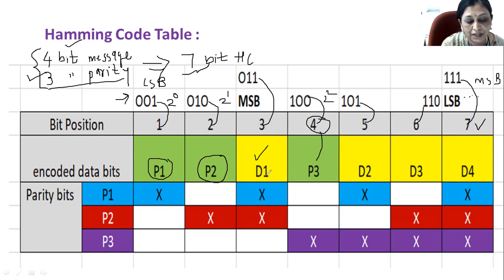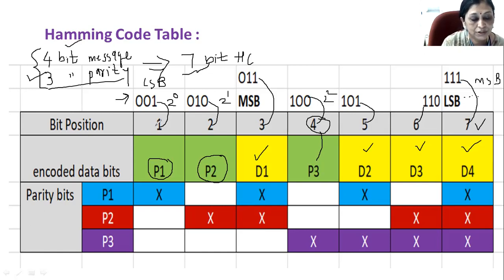So here I will be writing D1, D2, D3 and D4. Now we have to keep the P1, P2, P3 columns and rows vacant. Now I will tell you how to check the parities.